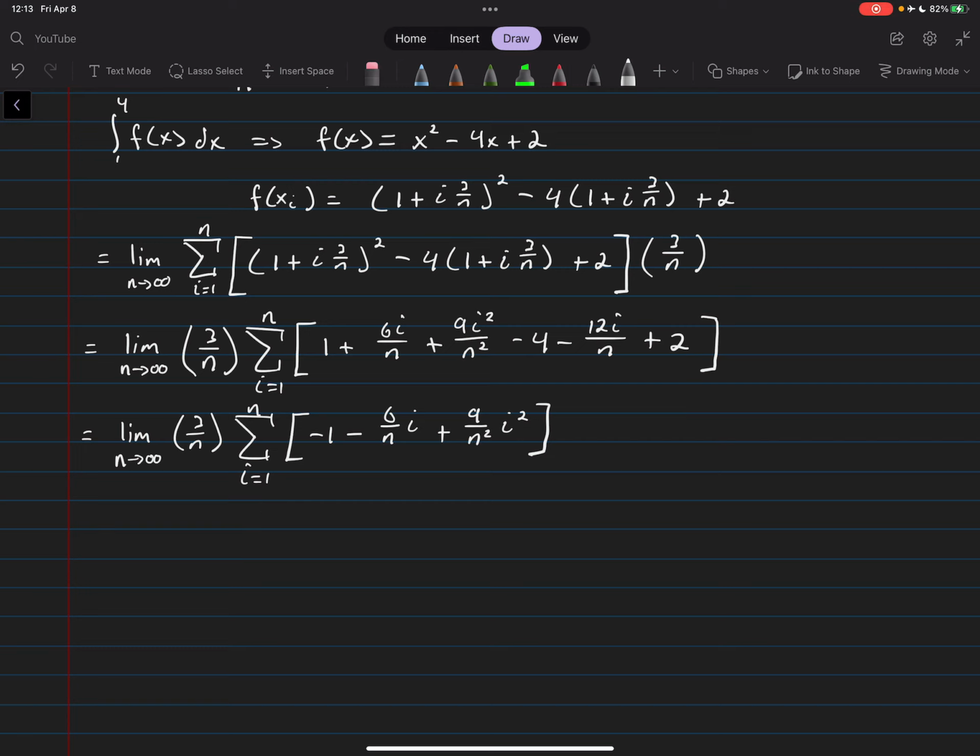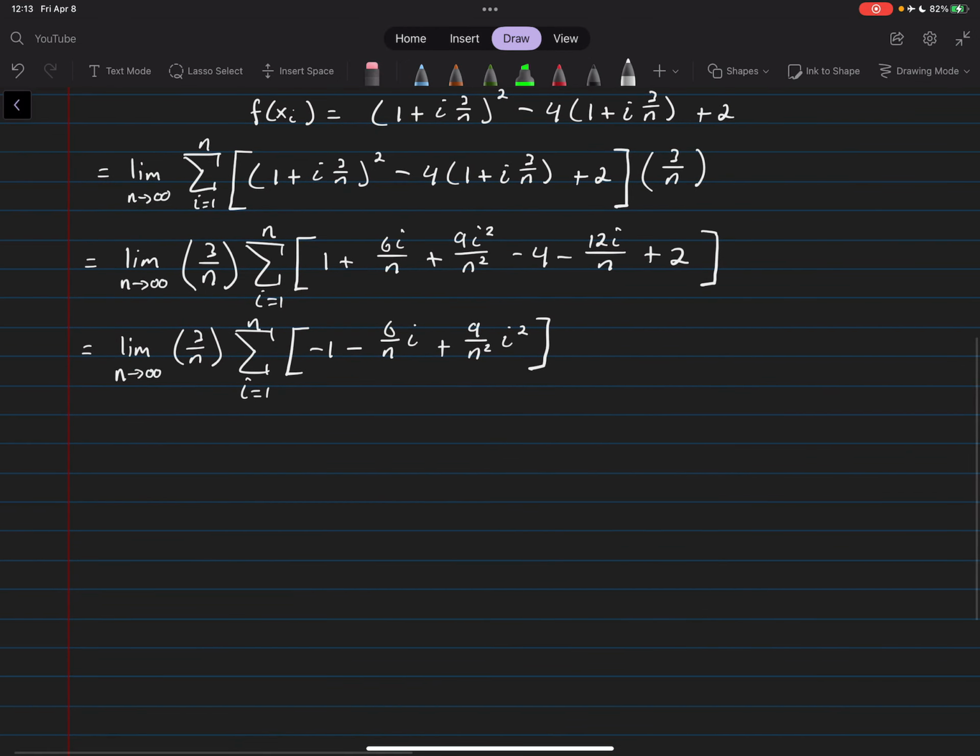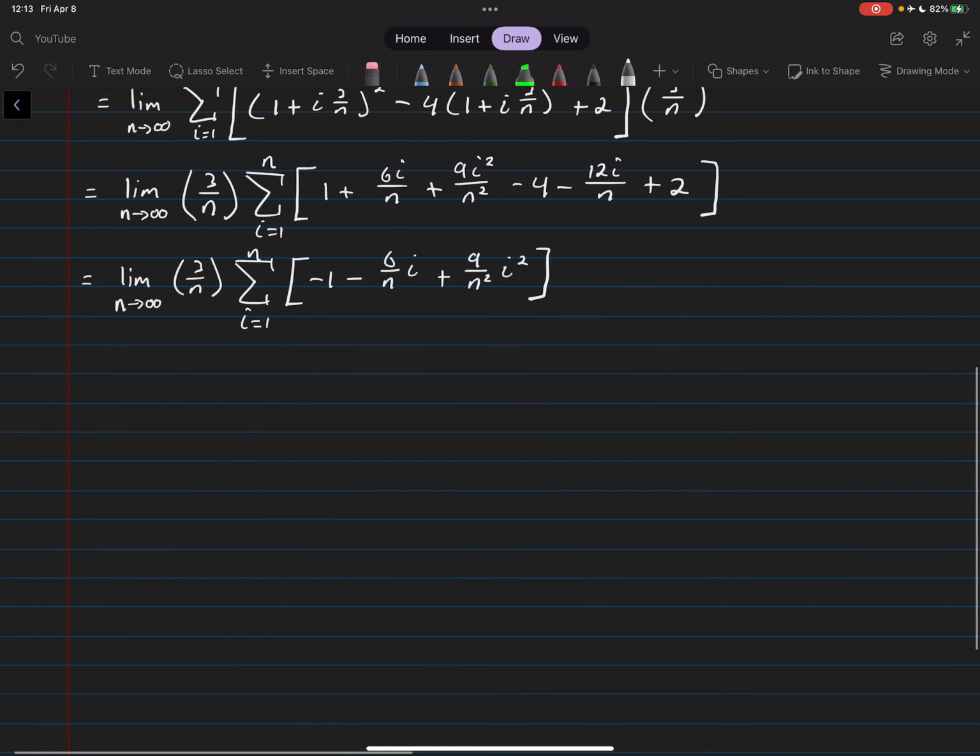So that means on our next line, I'm going to go ahead and move the summation into each term so we can readily identify it with the references above.